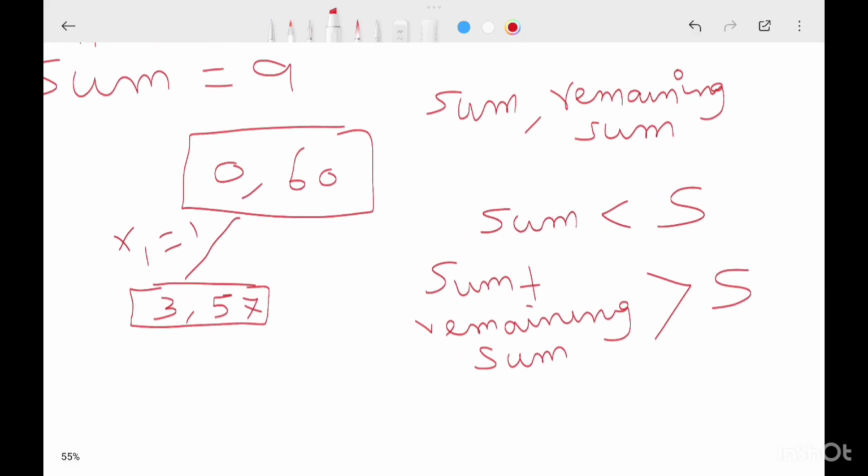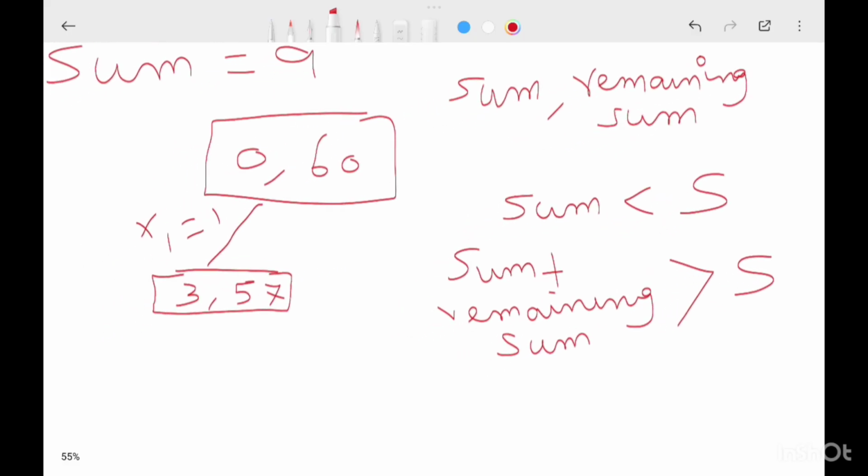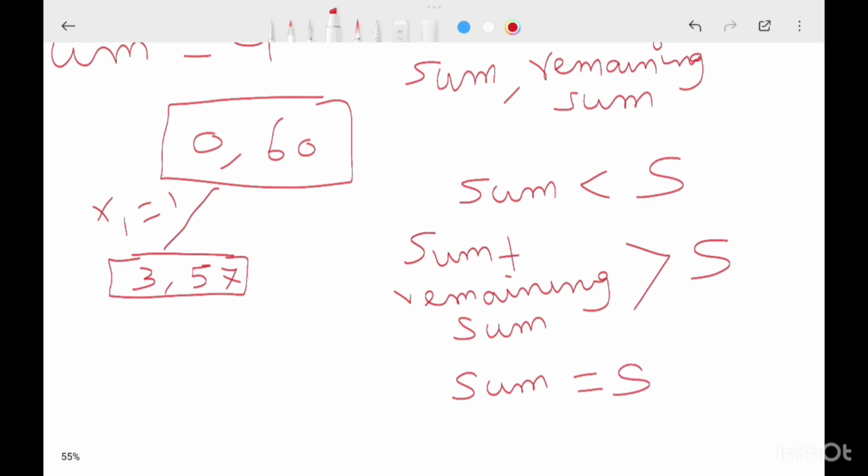And what is the solution state? The solution state is where the sum at that particular state is equal to the required sum. If we find any state at which the sum is equal to the required sum, then that is the solution state.